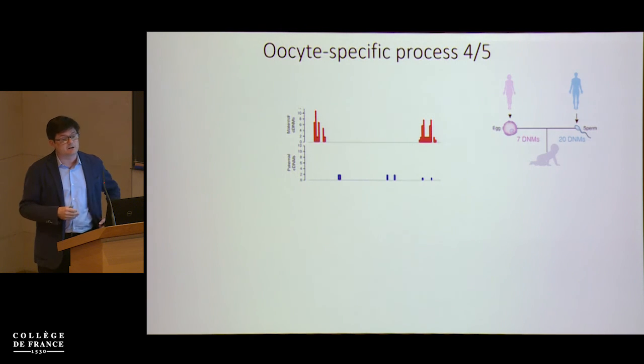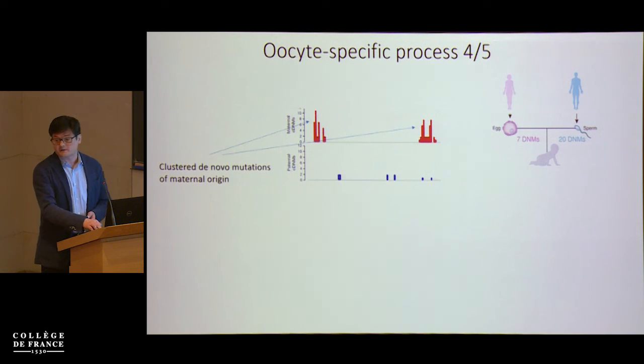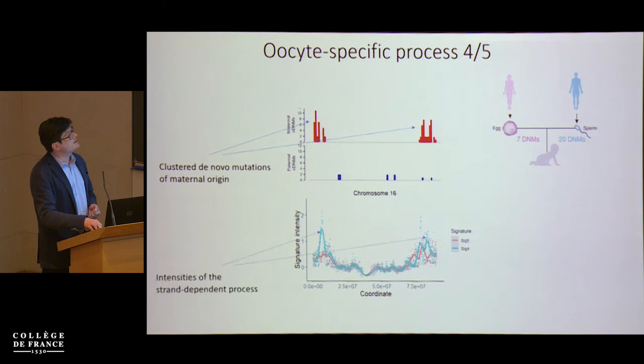And then a number of groups, including Johnson et al., pointed out that these clusters are of primarily maternal origin. And they found a few regions in the genome where these de novo clusters of maternal origin are abundant. So now if we look at our process 4/5, its intensity has very strong overlap with these regions.